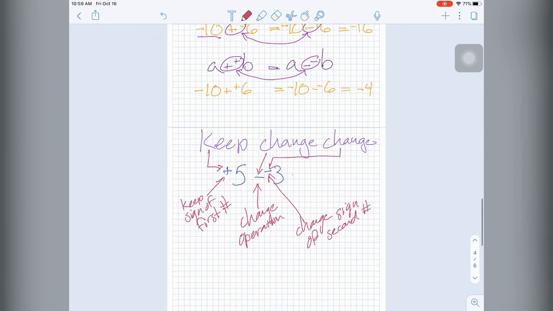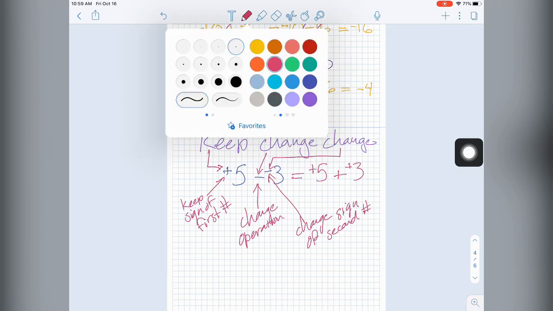So when I do keep, change, change, this is going to turn into, let's see, if I keep the positive 5, I change the subtract to add, and I change the negative 3 to positive 3.